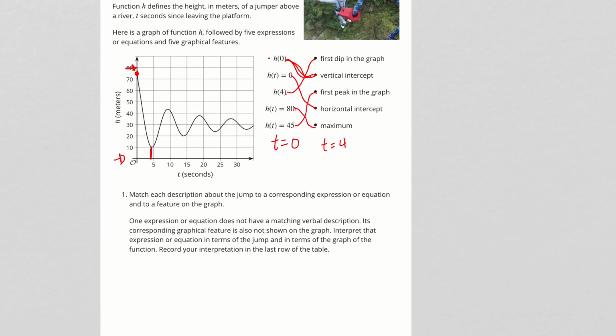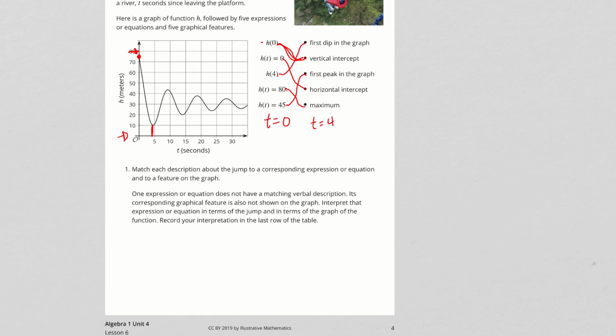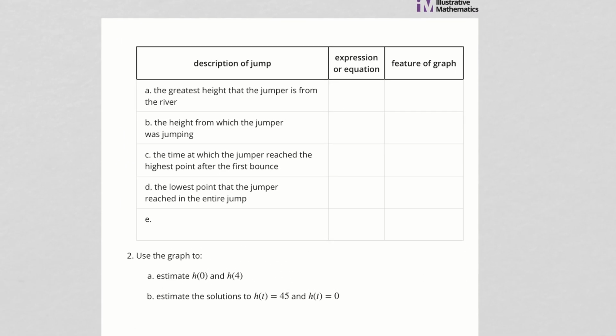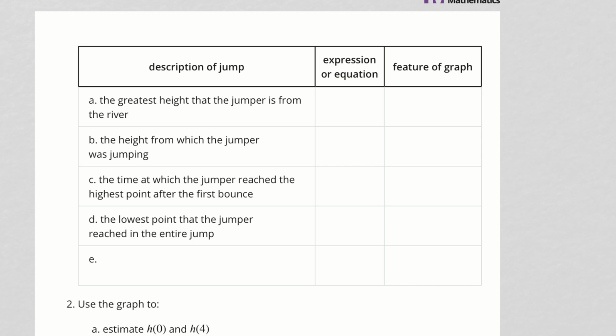So down here, you guys actually have a table that we're going to fill in on this. For me, it's on the next page. It may be on the same page for you guys. So we have the greatest height that the jumper is from the river.